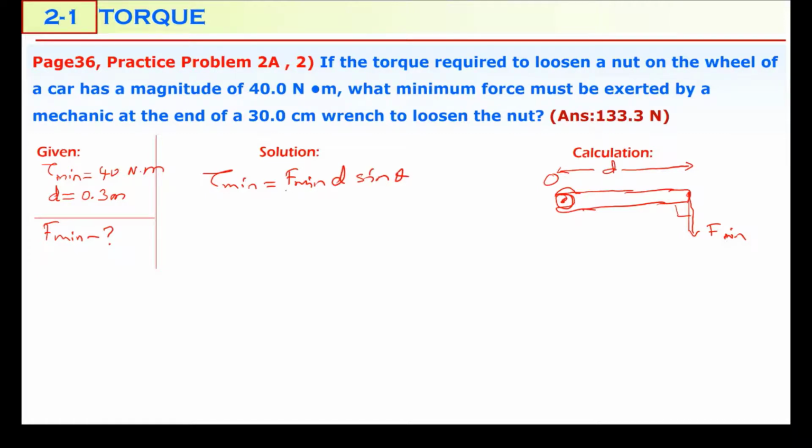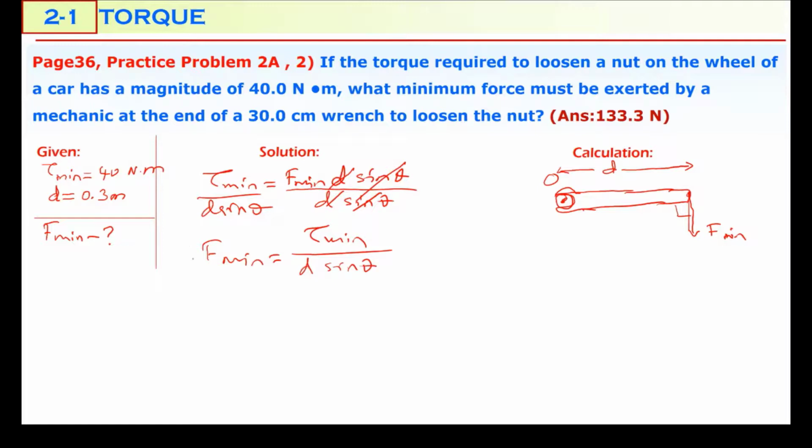And if you let torque minimum alone, so simplify the sine theta by dividing by sine theta. So the sine theta will simplify on the right side. Force minimum is going to be torque minimum, which is the required torque, a constant number, divided by the sine theta.